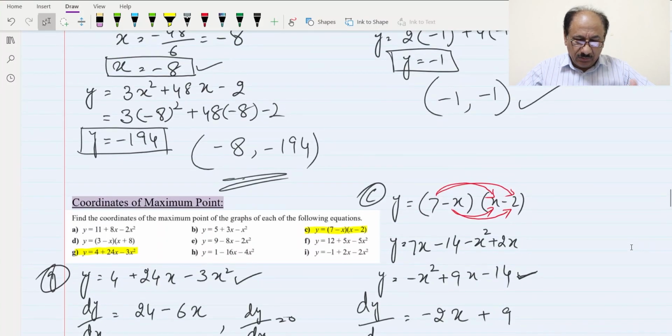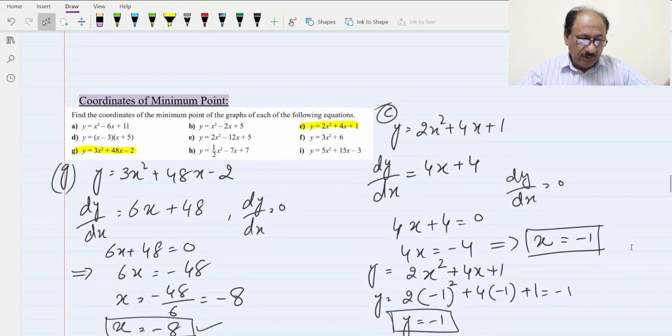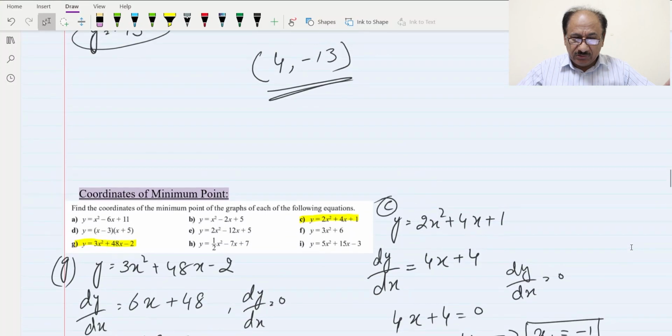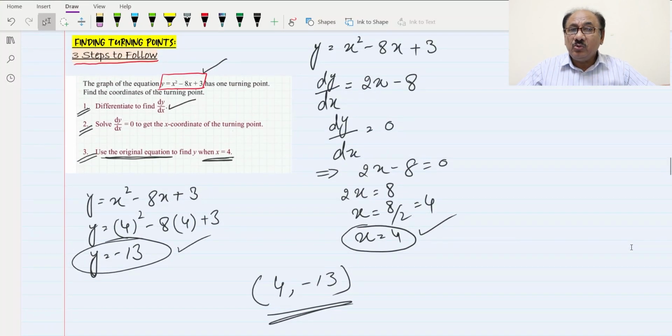We have done 2 questions, the other 7 are your homework, you will have to do that. And for minimum also I have done 2 questions, the rest of the questions you will be doing. Plus we have done the rules, the basically 3 easy steps which you can follow and find the turning points.